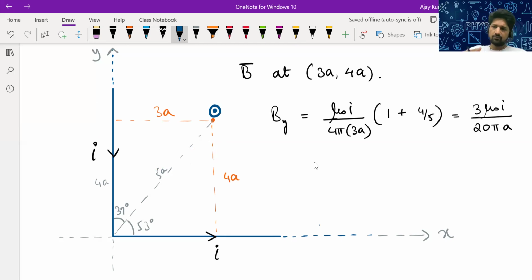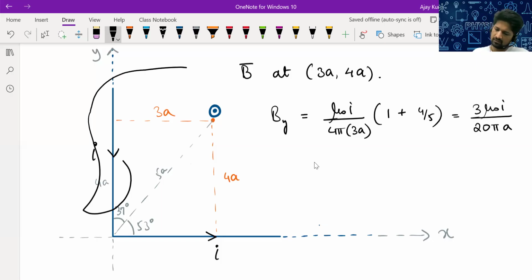Even if you visualize placing your right hand thumb along the current, the situation will be like this. Thumb should be downwards and fingers should be towards that side. It's difficult to visualize actually.